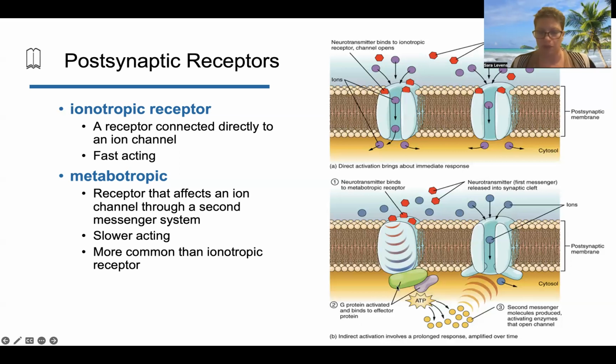This is the secondary messenger piece. When the neurotransmitters are released here, this G protein is activated, and it produces ATP to give energy to this neighboring molecule right here. Then these ions can flow through. So the ionotropic is a direct connection through the ion channel, and this is a secondary messenger effect, where a message has to be sent through these for the channel to open and the ions to flow through.